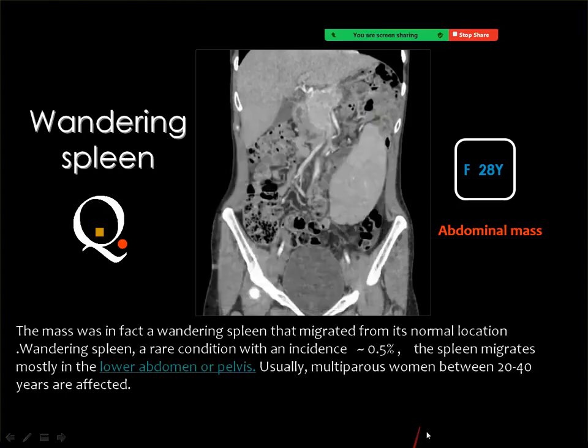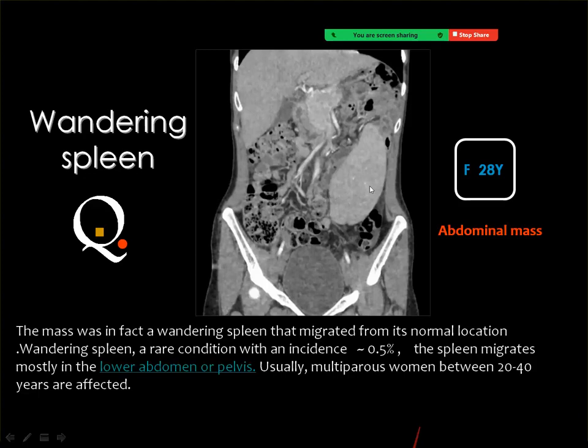Wandering spleen is the right answer, and this is the spleen, of course. It should be located in the left hypochondrium, but whenever the spleen is not in its normal anatomic site, it appears very large compared to the usual size of the spleen.